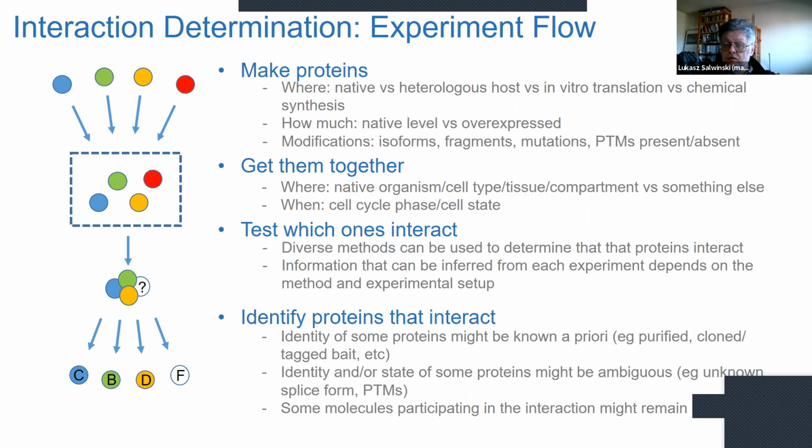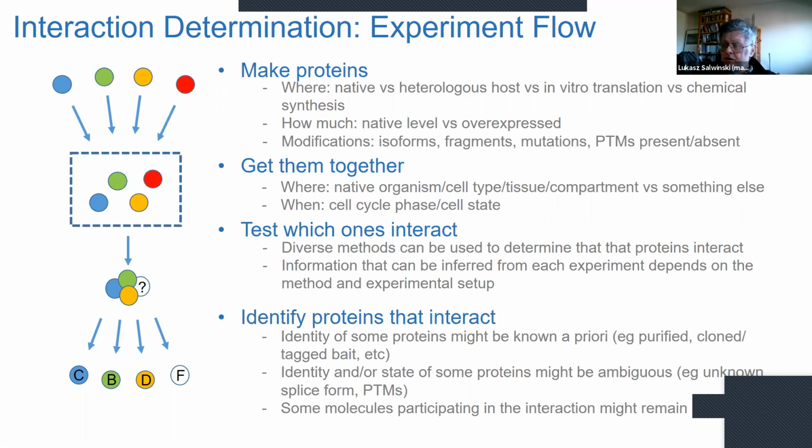Proteins might be made without any modifications, but they might be modified. It's pretty common to add a tag either in front of the protein or at the C terminal of the protein to simplify detection or purification. So there might be modifications made for technical reasons.